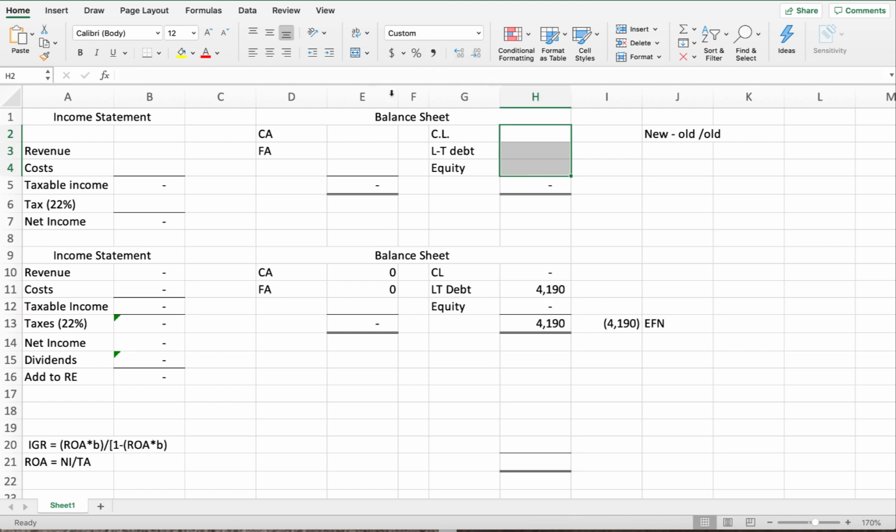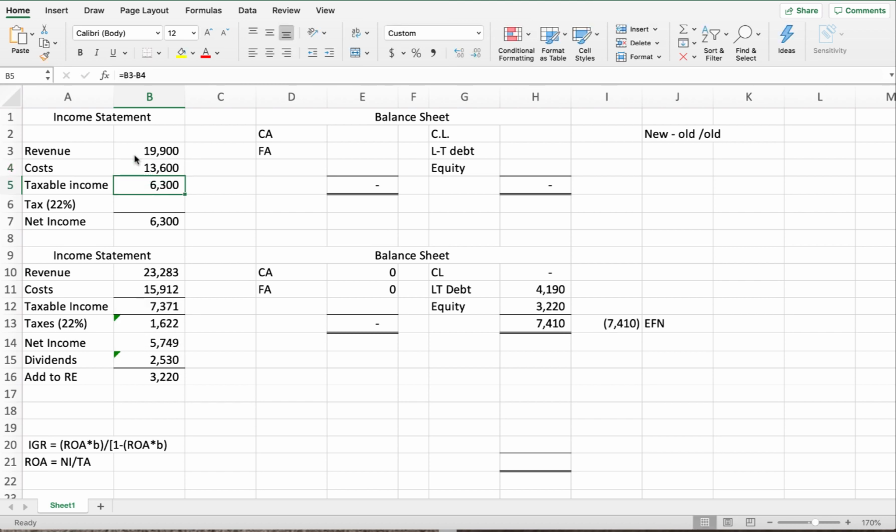To start this problem, I'm going to plug in all the original information that they gave us. Okay, so what did they give us? Well, they told us that our original revenue was 19,900. Our costs were 13,600.